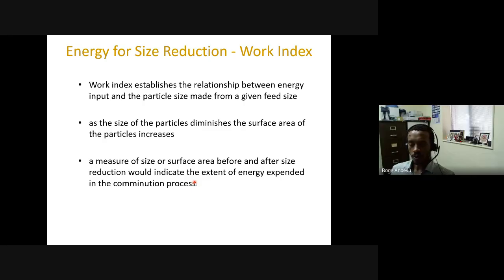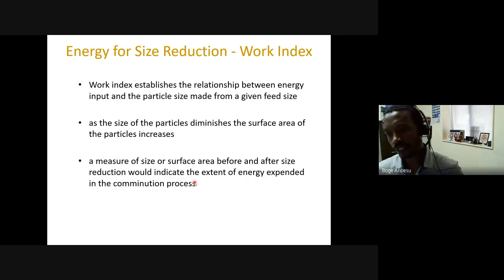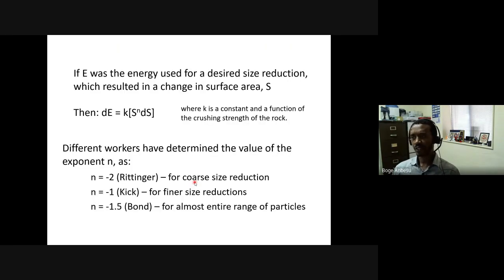In other words, if I want to produce more surface area by grinding, I will need to spend more energy. So there's a direct relationship between surface area created and energy spent during comminution, and that's one way of measuring energy consumption.